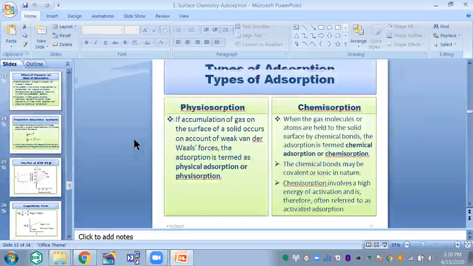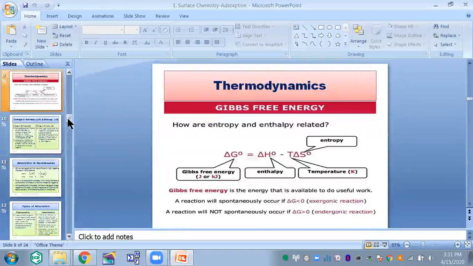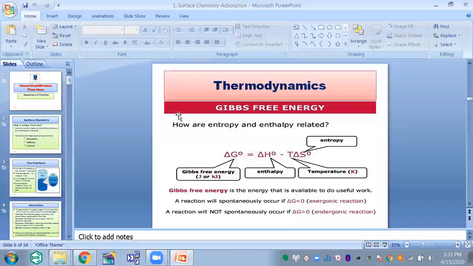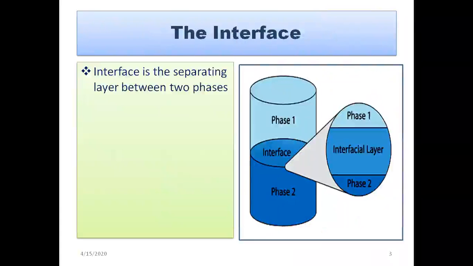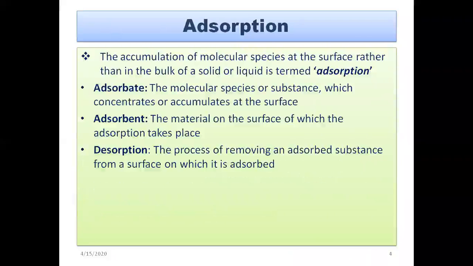The schedule may change. Till now, today we have discussed what adsorption means, what surface chemistry is, and the difference between adsorption and absorption. These are the titles we discussed today. What is surface chemistry, what is surface, and the definition of adsorption we have seen.